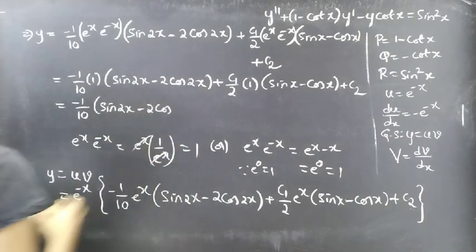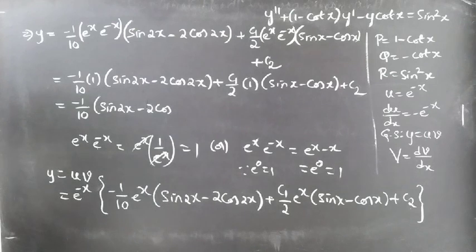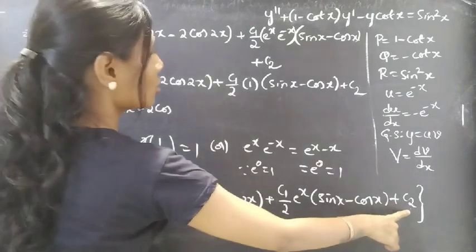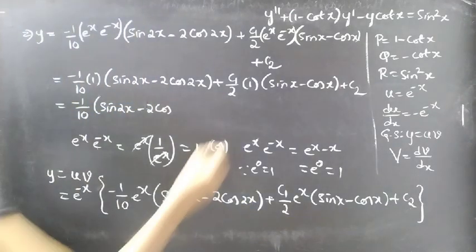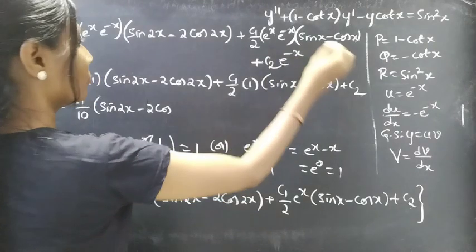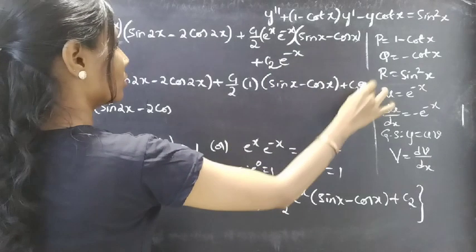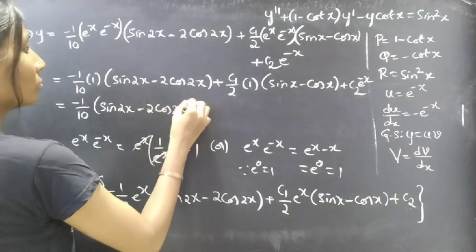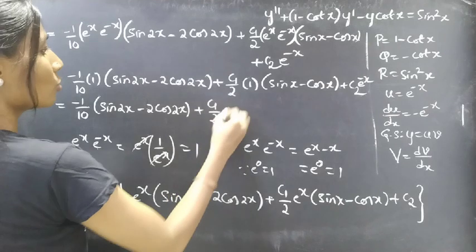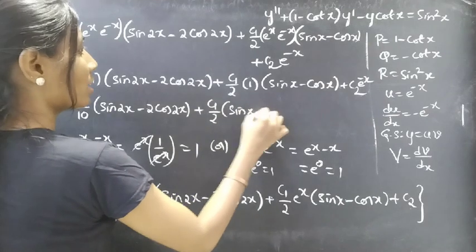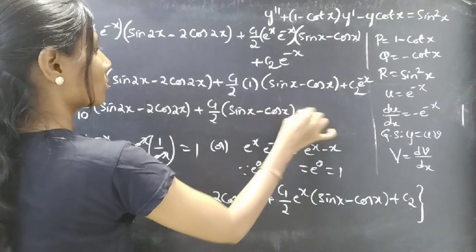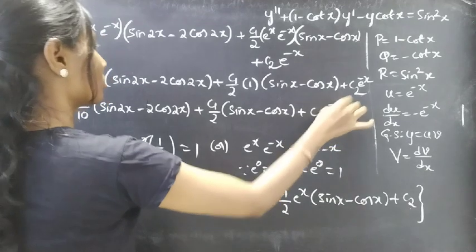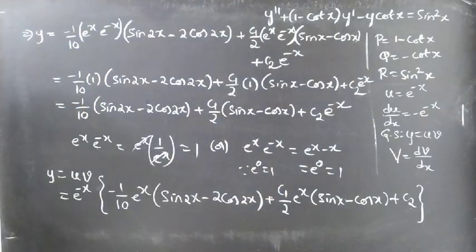minus 2 cos 2x. Here, after multiplying c2 with e power minus x, we'll get c2 e power minus x, plus c1 by 2 into sin x minus cos x plus c2 e power minus x.